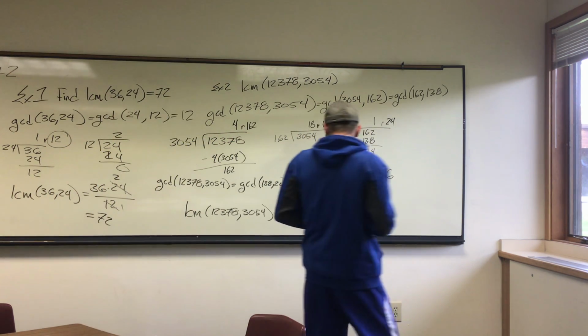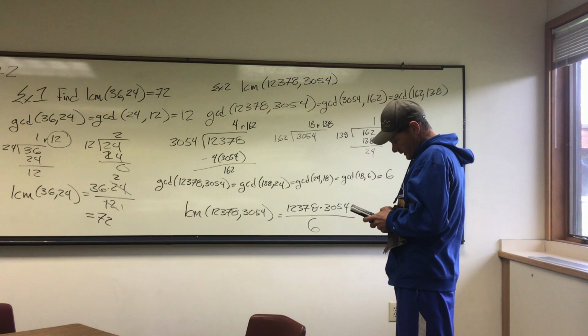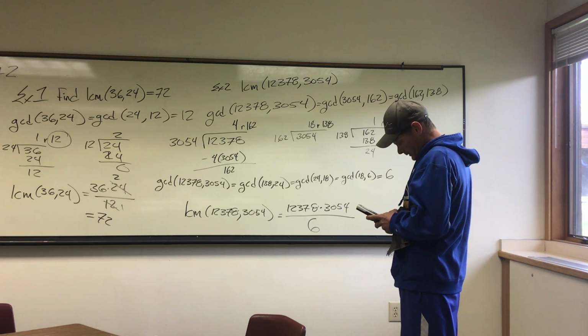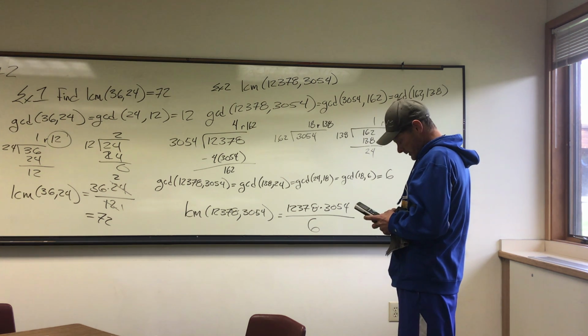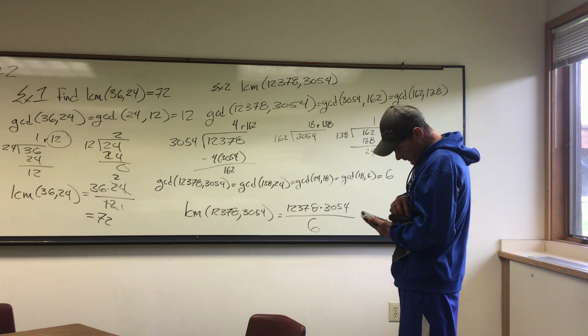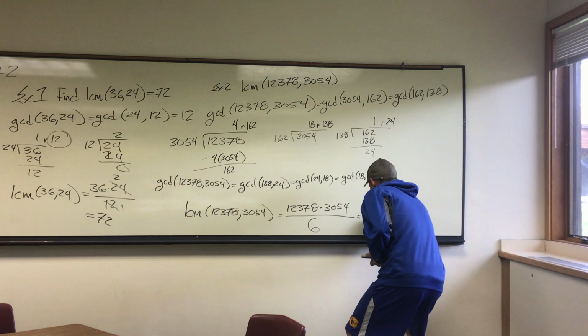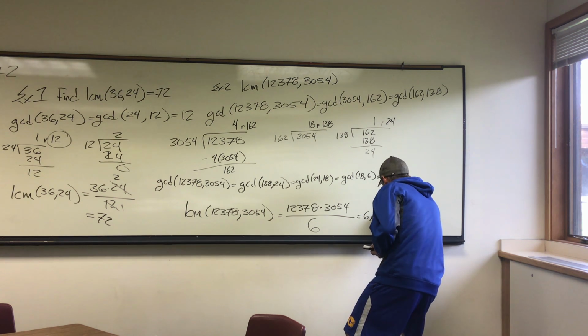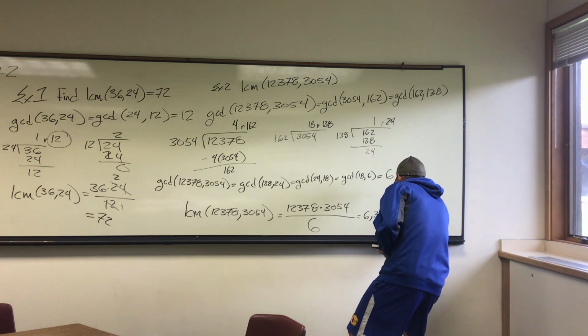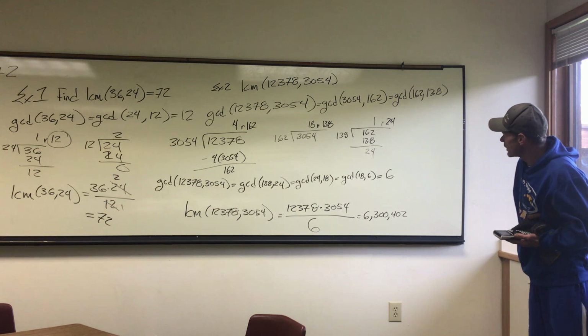And I go back to my calculator. 12,378 times 3054 divided by 6. 6,300,402. That is the least common multiple.